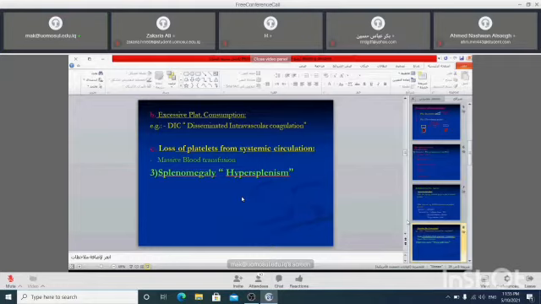The best example is DIC, disseminated intravascular coagulation, when there are multiple small thrombi. These thrombi consume most of the platelets, meaning the platelets in the circulation go to the thrombi formed in the blood vessels, so there is reduction of the platelets inside the blood.